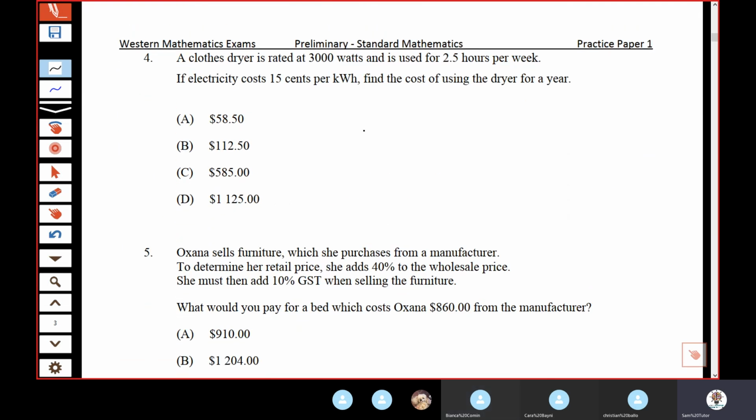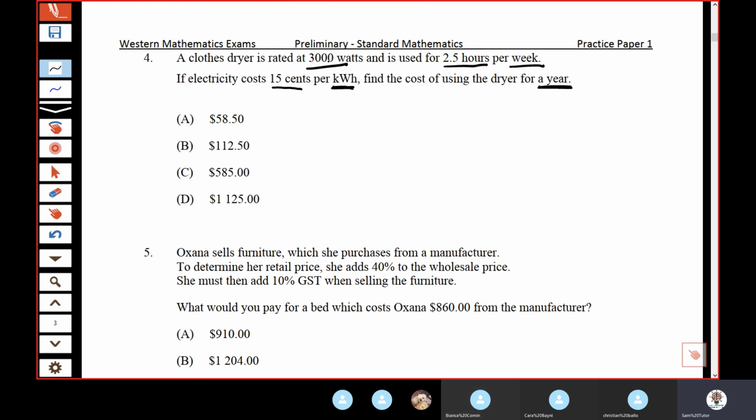A clothes dryer is rated at 3,000 watts and is used for 2.5 hours per week. If electricity costs 15 cents per kilowatt hour, that's important. It says kW, not just W, so it's not the same. And then hour, which means multiply by hour. It's kW times H. So multiply, find the cost of using the dryer for a year.